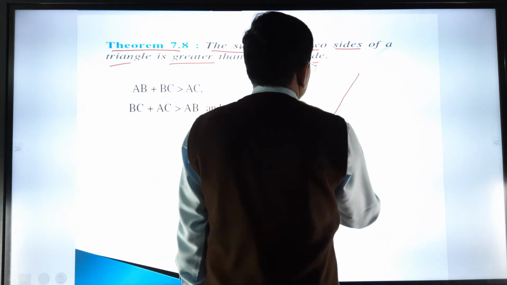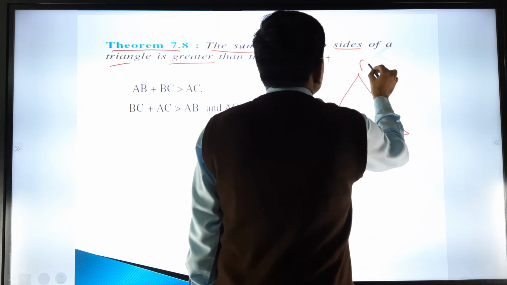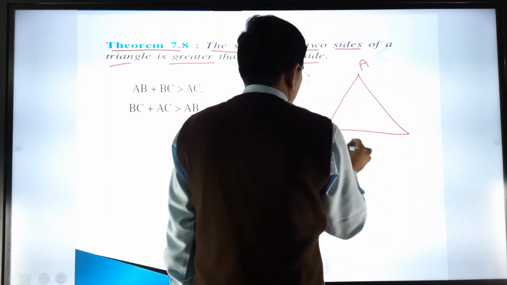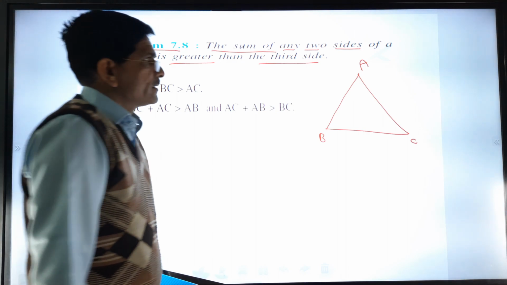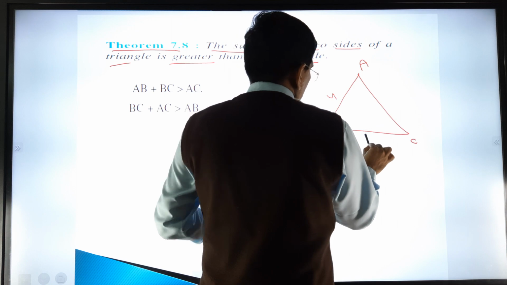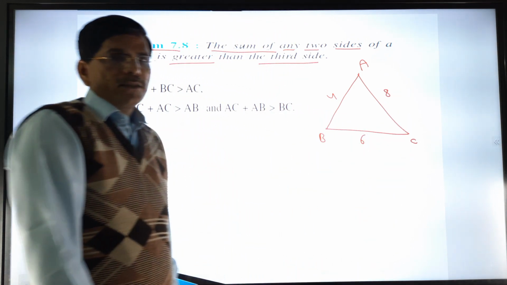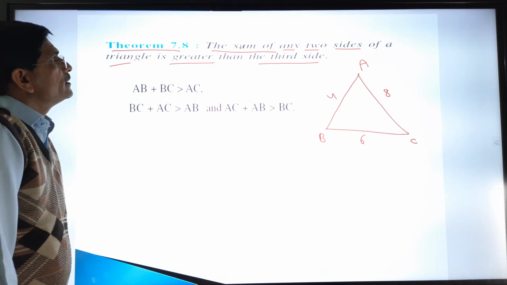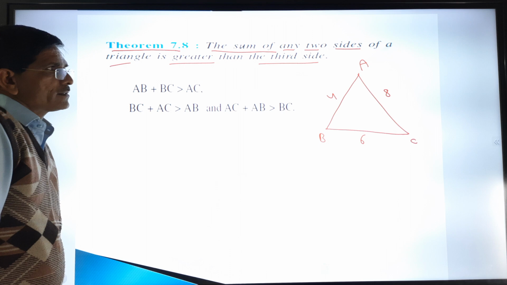Let me draw one triangle, and now let the sides be 4, 6 and 8. These are all the three sides. The sum of any two sides of a triangle is greater than the third side.